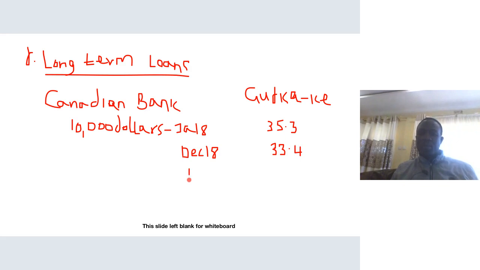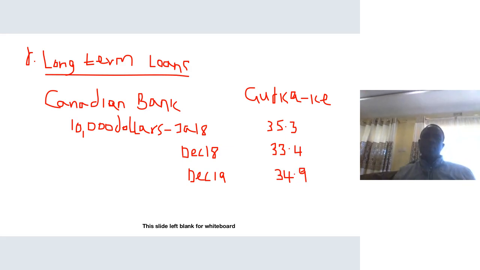Then for December 2019, the amount is 34.9. Those are the exchange rates. So we are told to prepare now the loan account for Goodcar Limited.